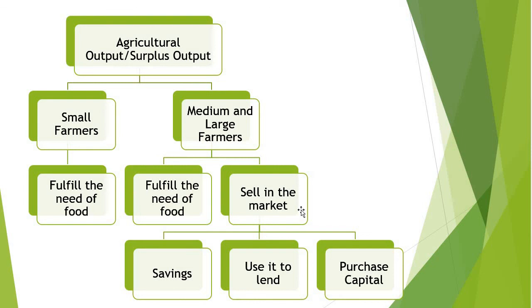And once it is sold, the money that they get, they can either save it or use it to lend to people like Savita, or even to Dala and Ramkali. And they can even purchase capital out of that money.